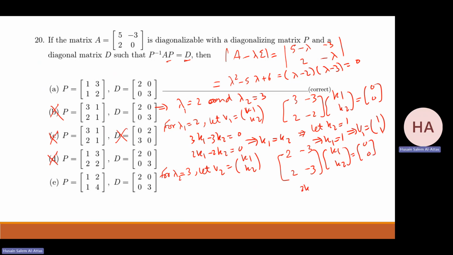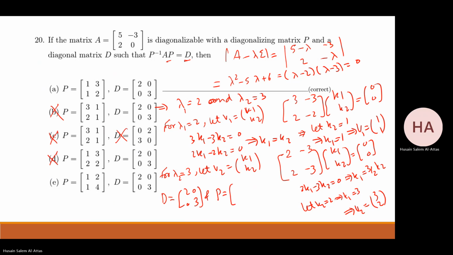I have only one equation: 2K1 minus 3K2 equals 0. In other words, K1 is 3 over 2 K2. So I let K2 be 2. So K1 will be 3. So V2 is 3, 2. So D will be 2, 0, 0, 3, and P will be 1, 1, 3, 2.